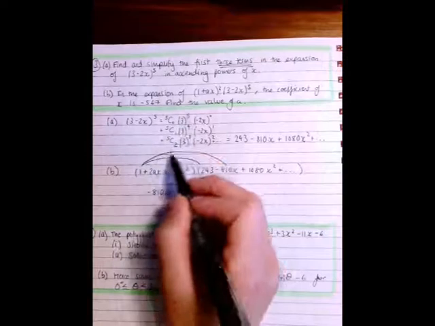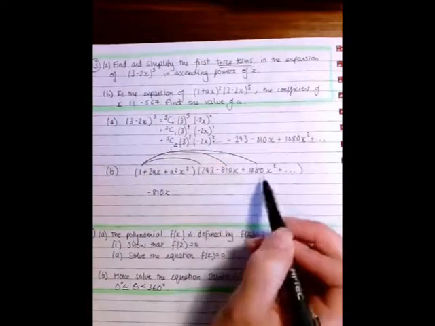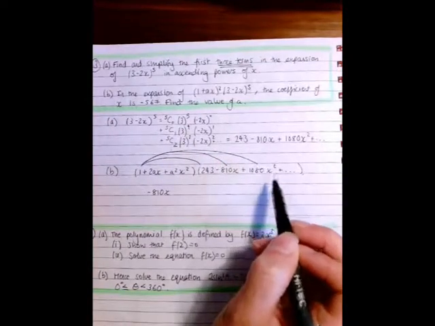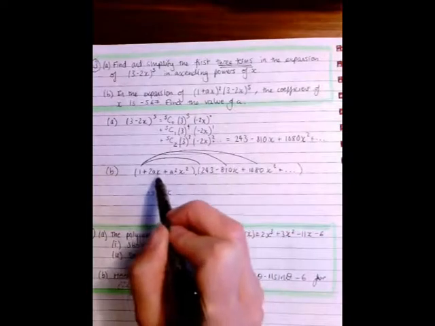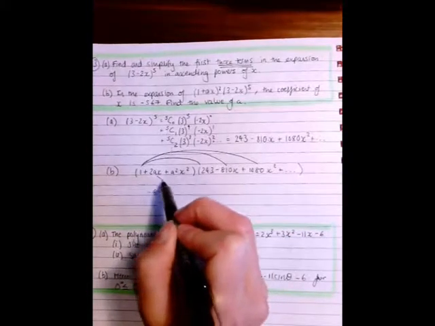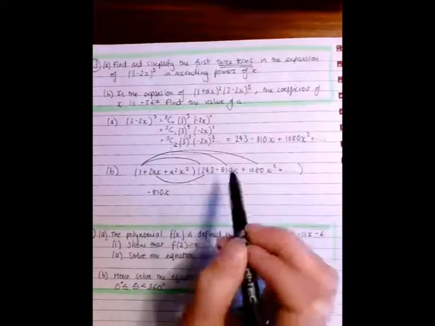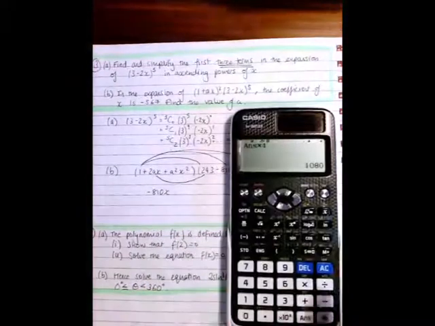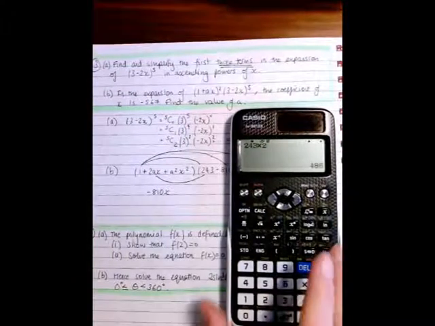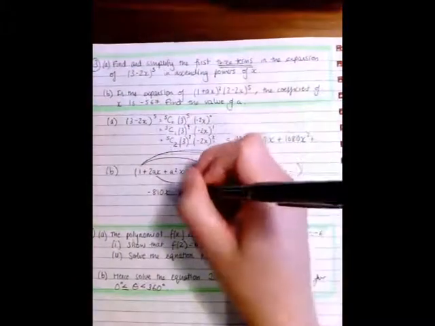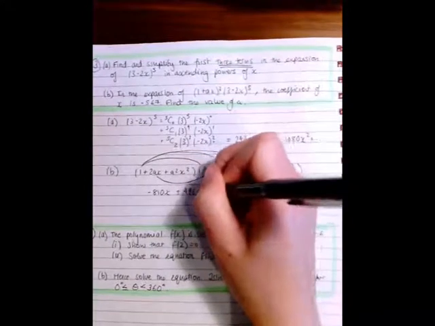If you times 1 by this term, again, it's not useful for us because it's got an x squared. So then we look at the 2ax term. Well, 2ax times 243, that's going to have an x in it. So if I just do 243 times 2, 486, I'm going to get 486ax.